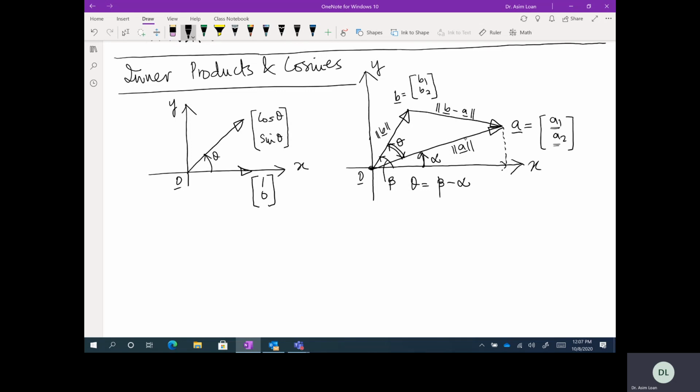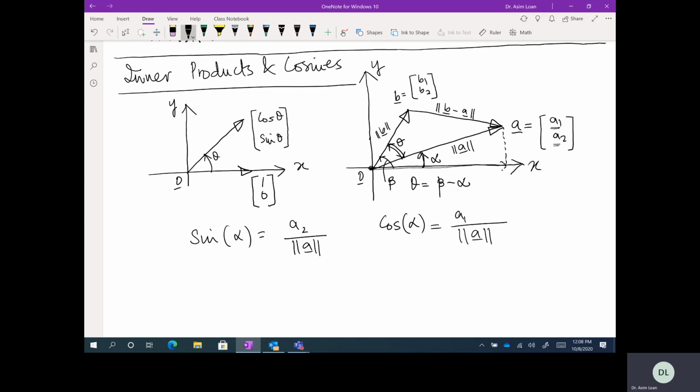Sine of alpha is A2 divided by the norm of A, right? And what is cosine alpha? Cosine of alpha is obviously the base, which is A1, not a vector, divided by the magnitude of A.